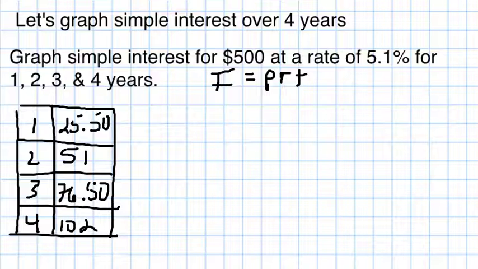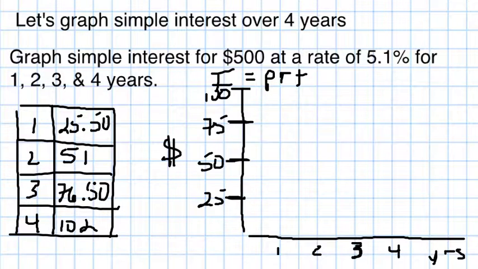So if I put my money into an interest-bearing account, which the rate is 5.1%, this is how much money I would make after 4 years, $102. Now I want to tell you right now that is a very good interest rate, because right now all interest rates on savings type accounts are under 1%. So this is actually a very good rate.